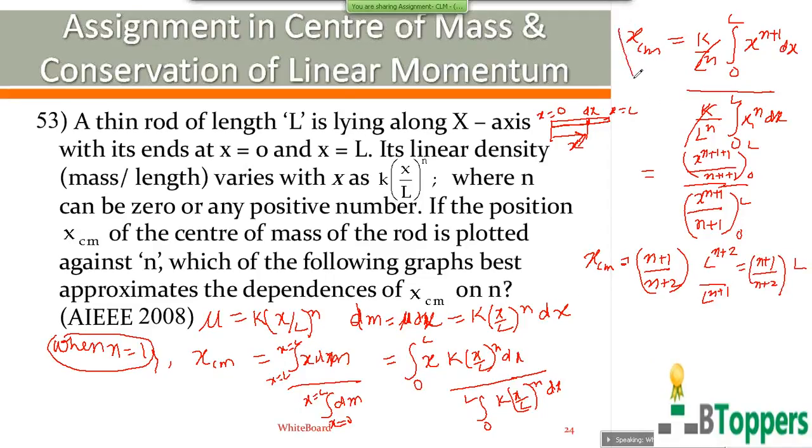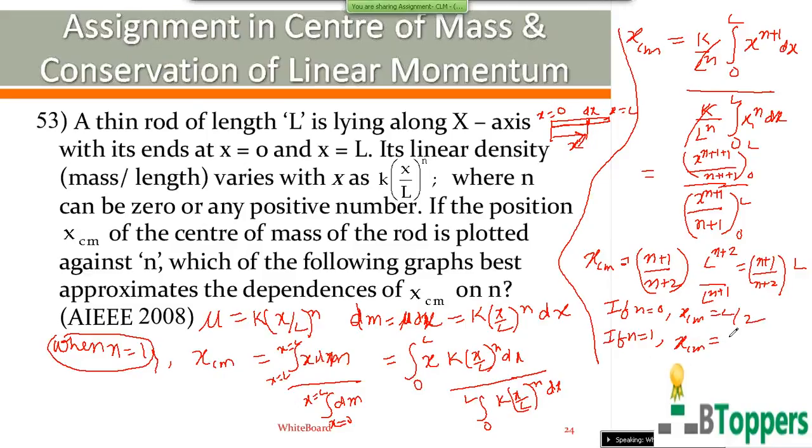So that is a general result. If n is 0, you get XCM equal to L by 2. If n equal to 1, you get XCM equal to 1 plus 1, 2 by 3 L. Like that.